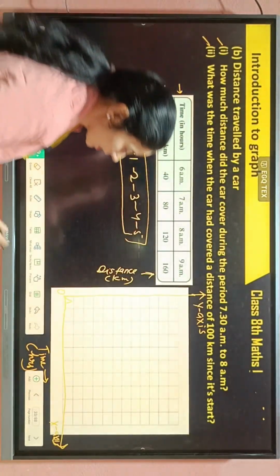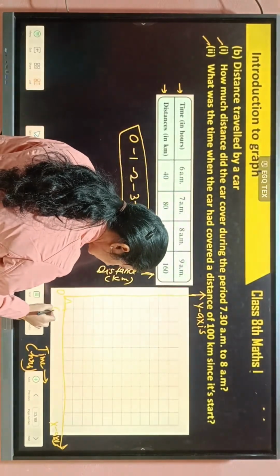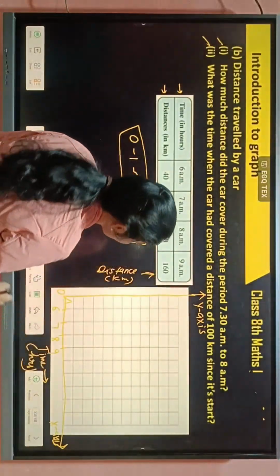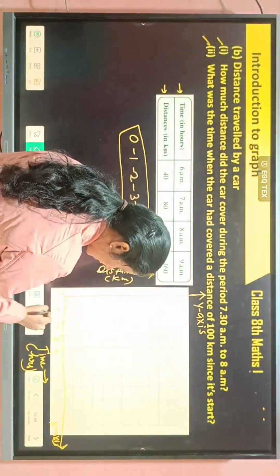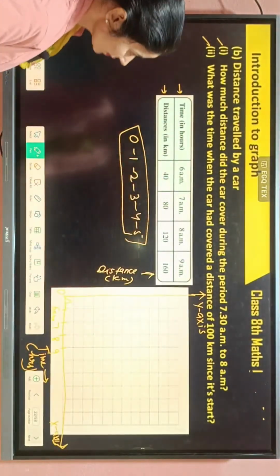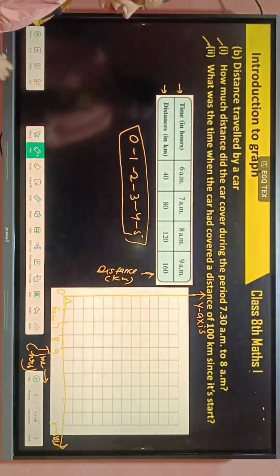After that, I will write there 6 a.m. This is 6, 7, 8, 9. Time is in hours, a.m. After that, distance is in kilometer.